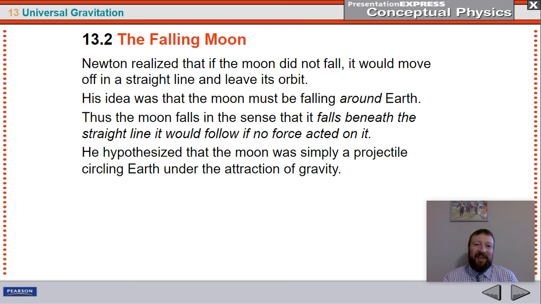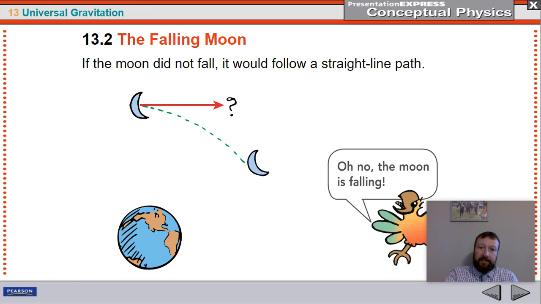He went back to his family farm from Cambridge, where he was a teacher, and he's sitting outside an apple orchard and notices the apple fall in the same line as the moon, and says, "Well, the moon must be falling just like the apple is." Whether any of that's quite true or not, it's some interesting history. But in essence, he comes up with the fact that the moon is falling just like the apple was falling, but what it's doing is falling around the Earth.